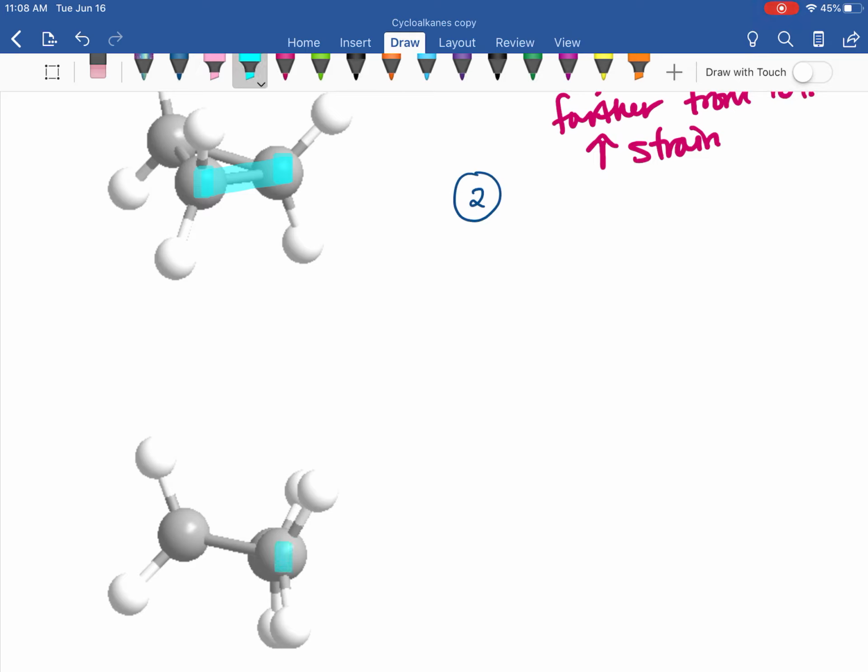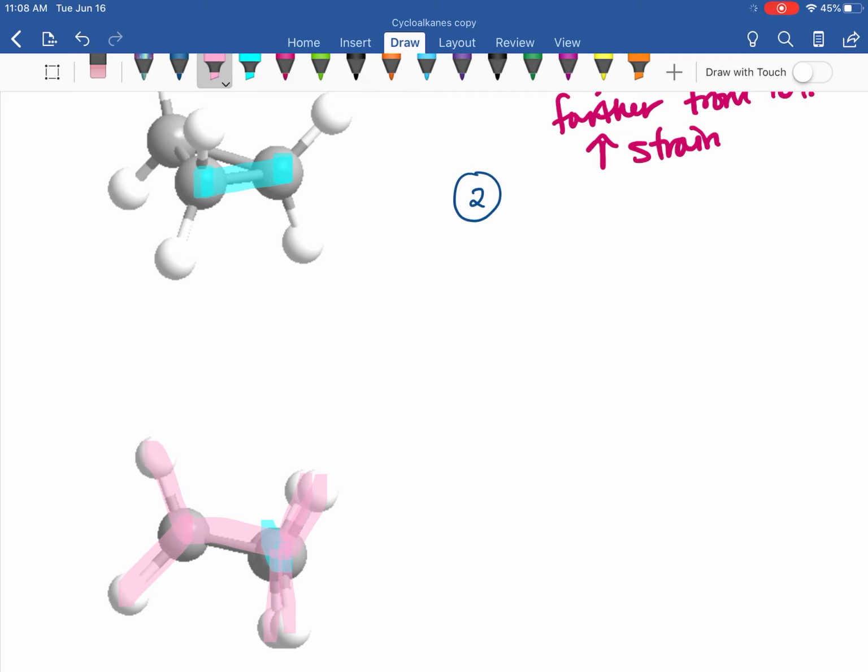If you could take your model set and literally picture that Newman projection. Holy cow, look at all of our hydrogens. And in fact, if we turn it, you're going to see it lines up completely everywhere. We learned this in our last video. Isn't this incredible? Look at this.